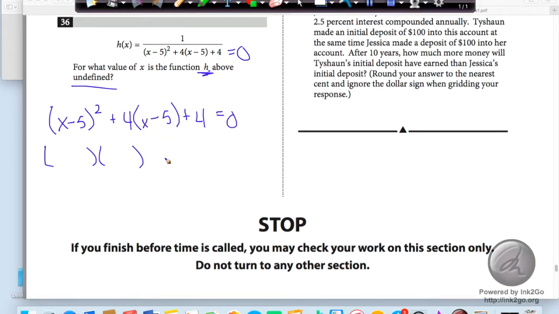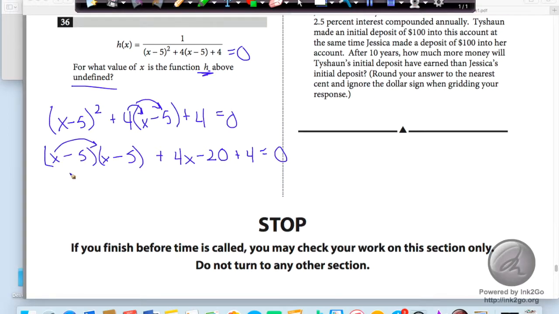Over here I'll have my positive 4x, and if I distribute the 4 through, 4 times x and 4 times minus 5 is minus 20. Then I have a like term over here, which is plus 4, equal to 0. Now, let's do this: x minus 5, x minus 5. Now I'm going to FOIL this through.